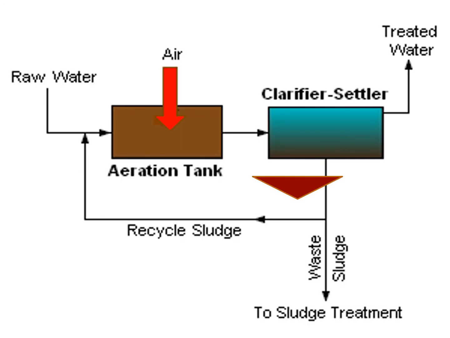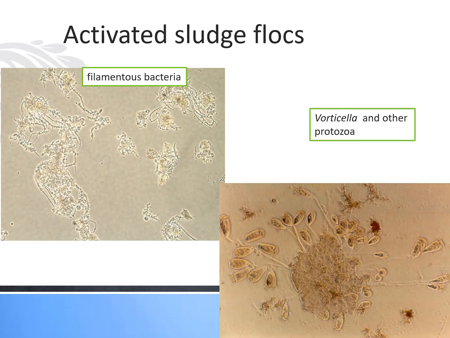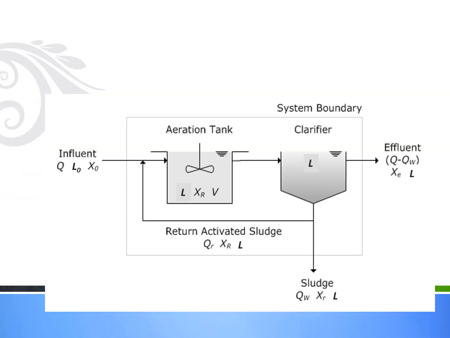Then we have another flowchart diagram. I think you can go through it. It is the ASP, the activated sludge process. You can go through it. These are the flocs, and this is the mechanism by which the returned activated sludge can be quantified.